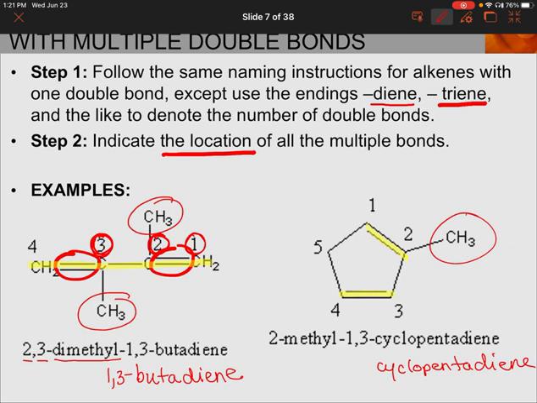And then we want to indicate where those 2 double bonds are. So the first one starts at carbon 1. The second one starts at carbon 3. And then the methyl group is at position 2. So we would add 2-methyl in front of 1,3-cyclopentadiene. So some of these names can be really long, but hopefully you're starting to see the pattern for how to name them.